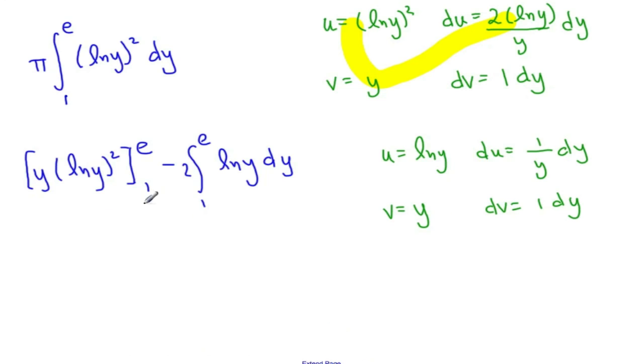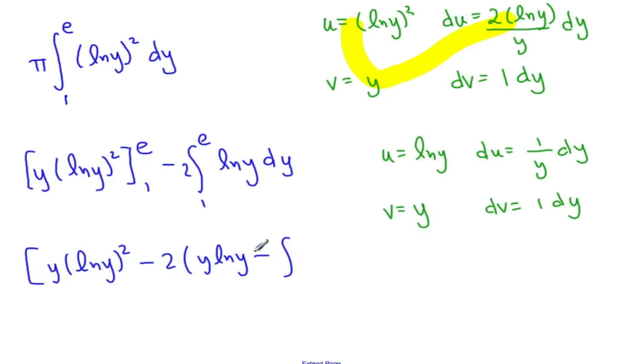Okay, now this is the part you need to keep very organized. So y (ln y) squared, and minus 2 parentheses uv, so that's y ln y, minus the integral of v du, so that's the integral of just 1 dy.